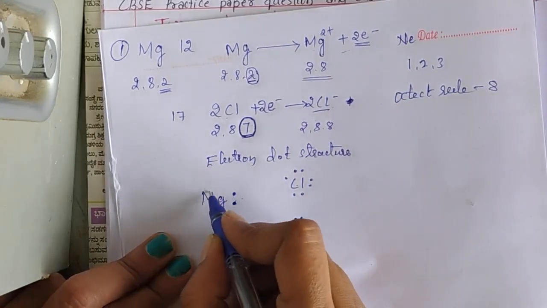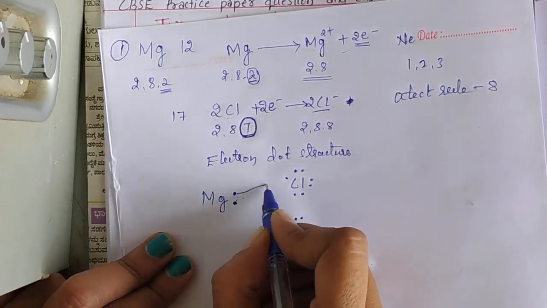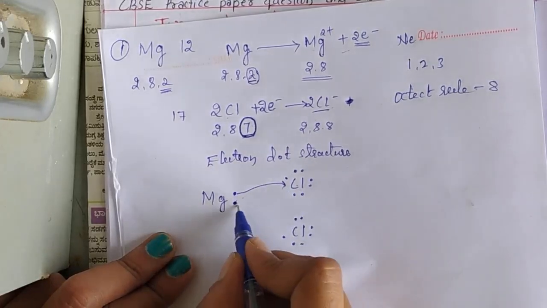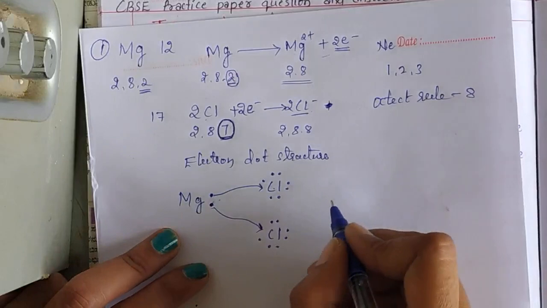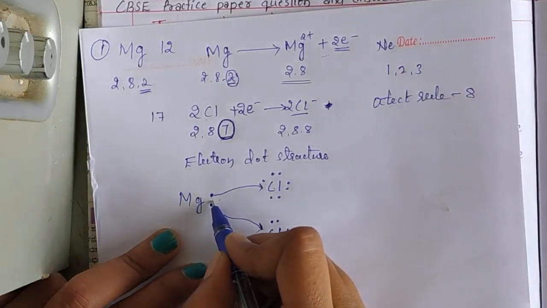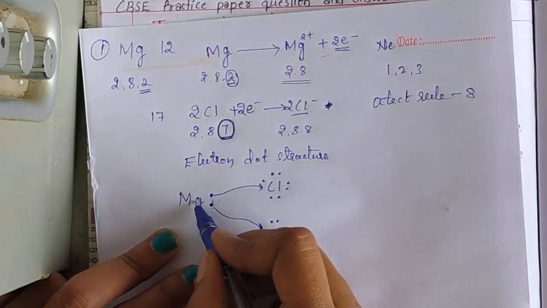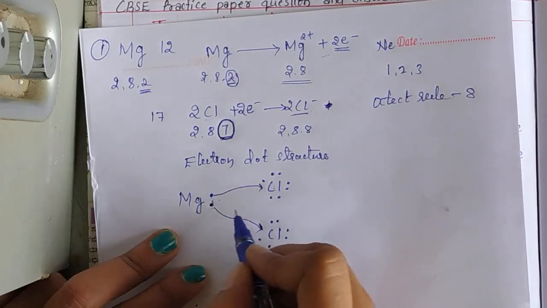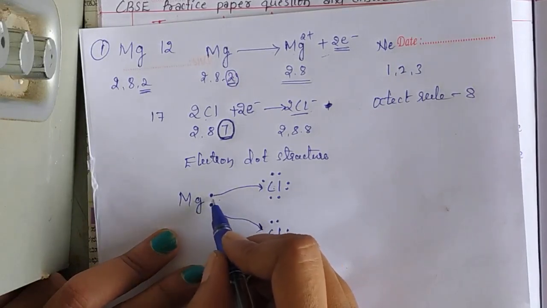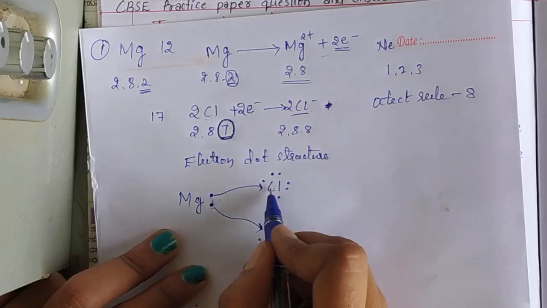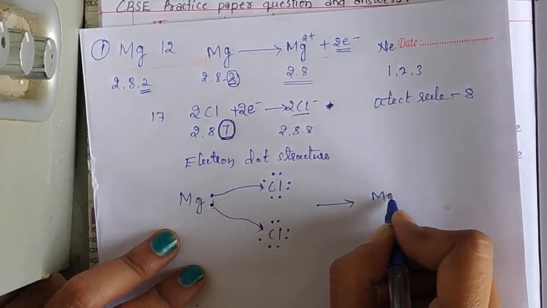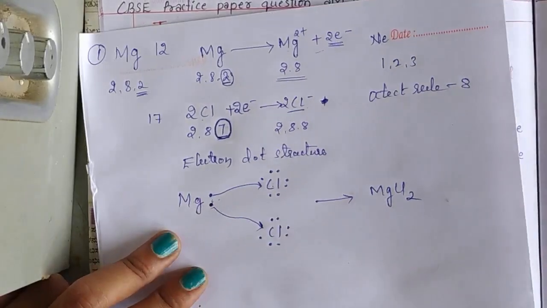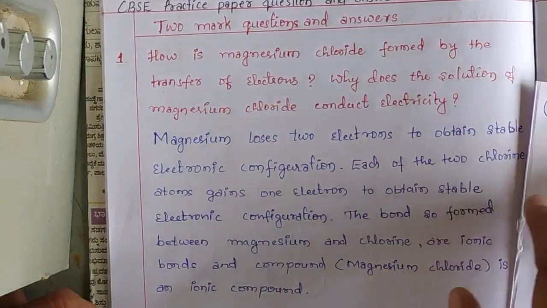Now magnesium gives one electron to one chlorine and another electron to the other chlorine. On transferring these two electrons completely to the chlorine atoms, magnesium chloride is formed. So this is the first question.